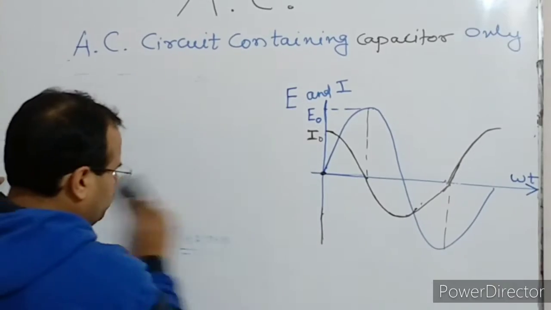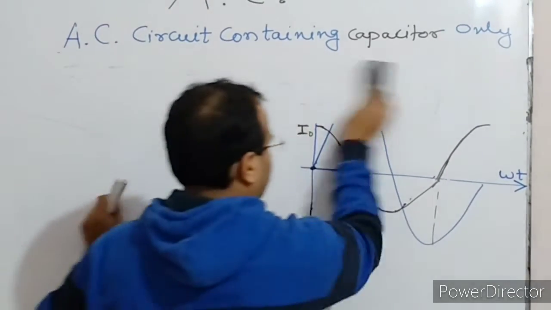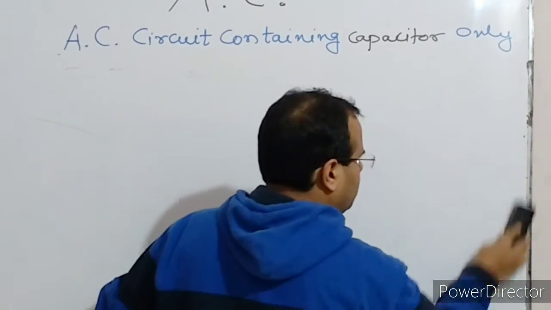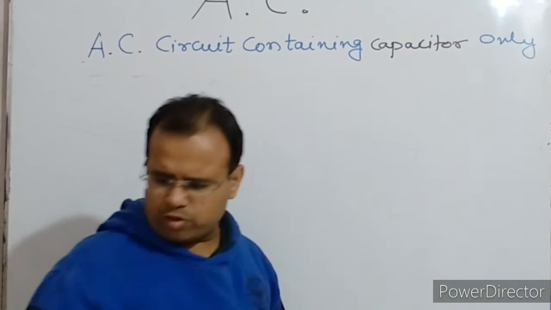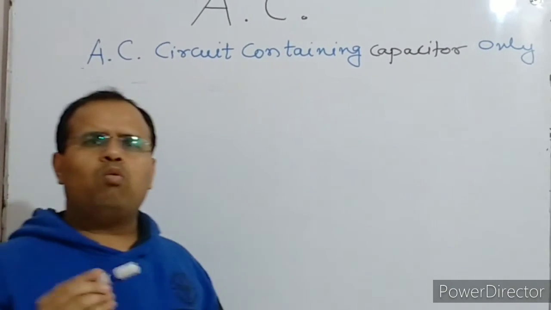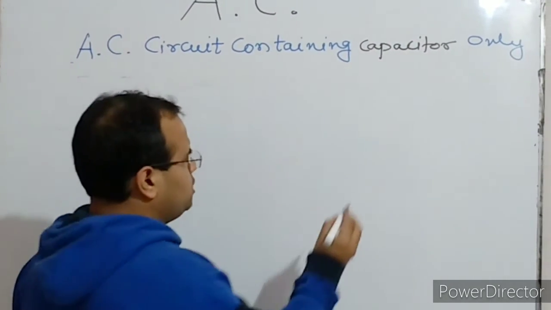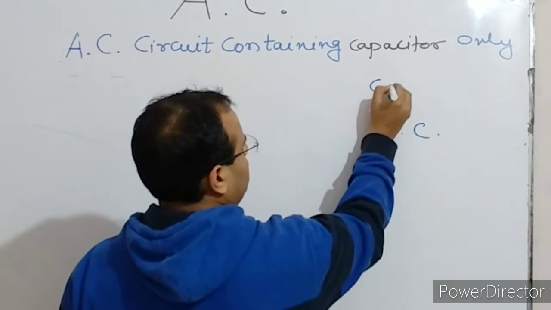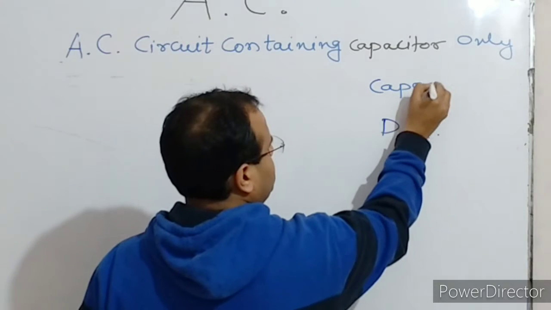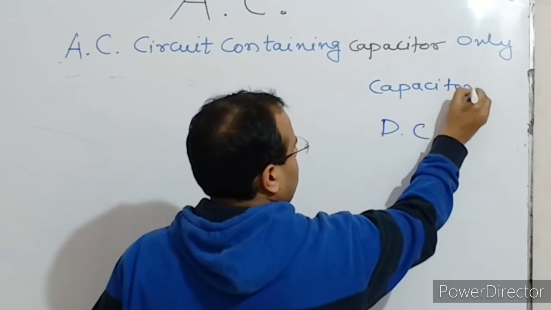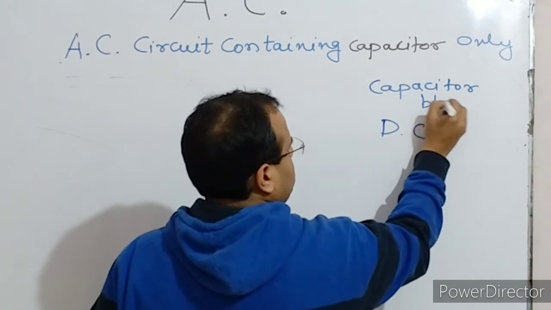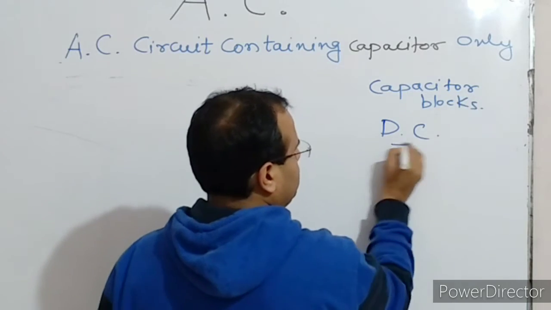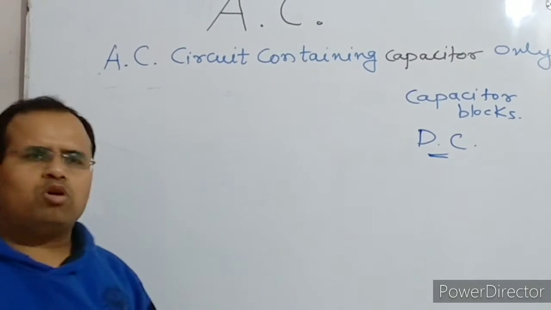Now a few things related with these circuits. One very important question comes: why does a capacitor block DC?